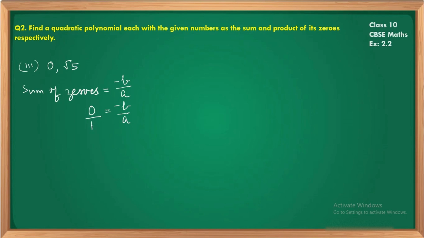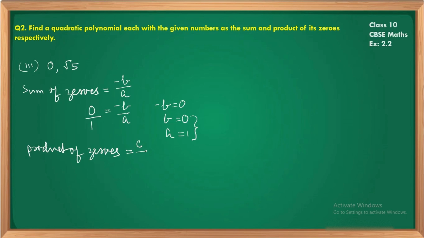By putting 1, the value of 0 remains 0 only. Now the value of minus b is equal to 0, or b is again 0. As I said, if you even transfer minus this side, 0 doesn't accept it, so b value is 0 and a value is 1.